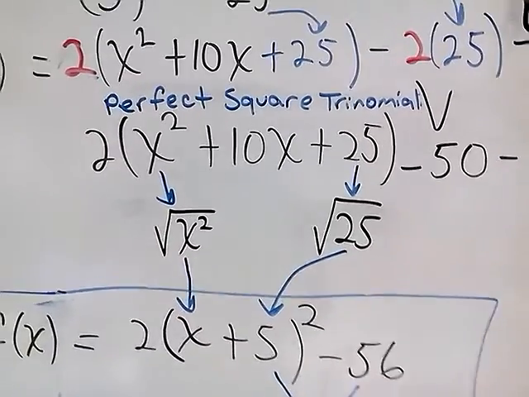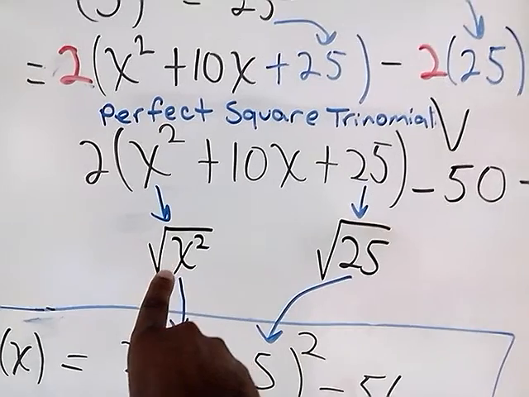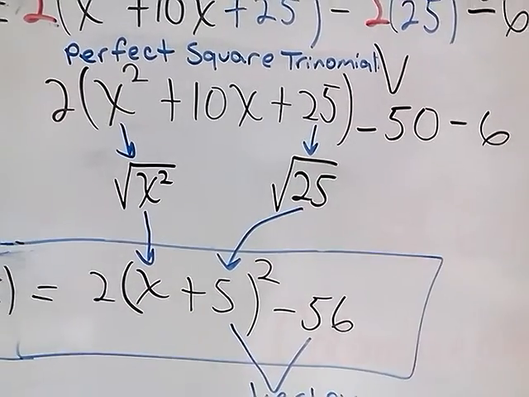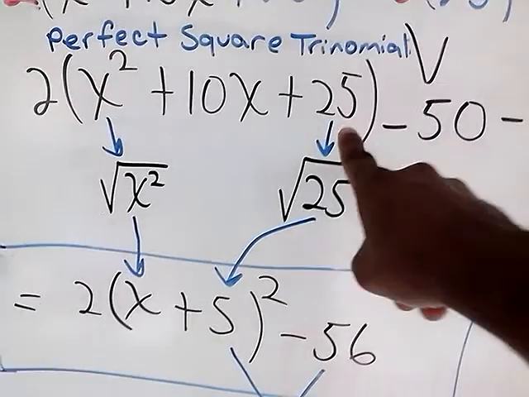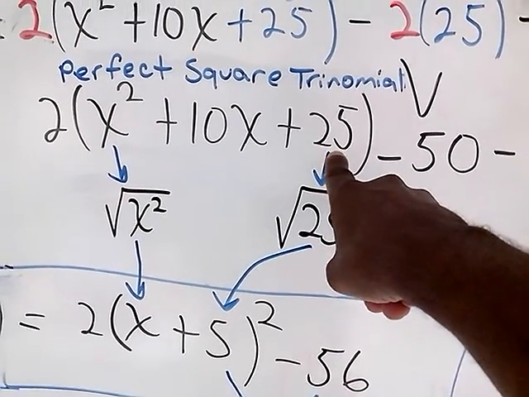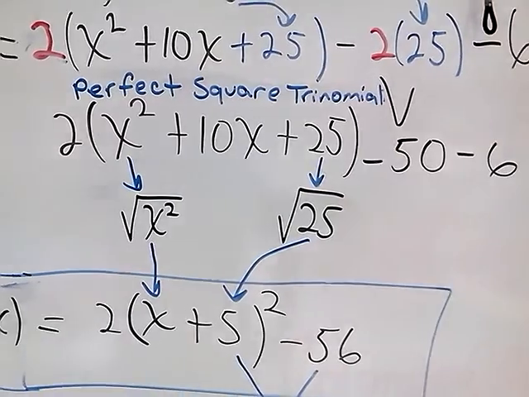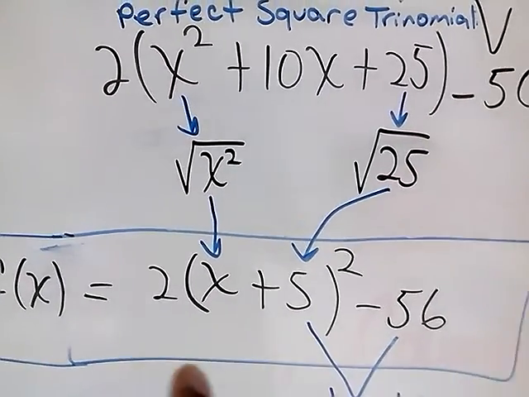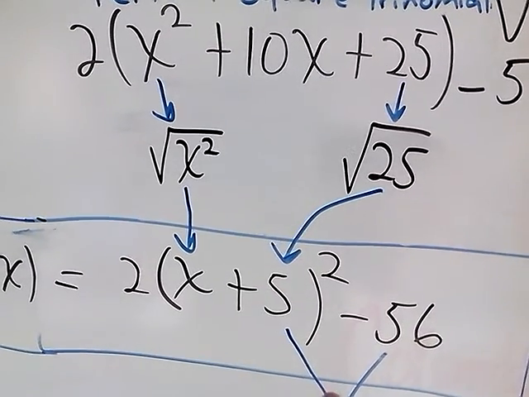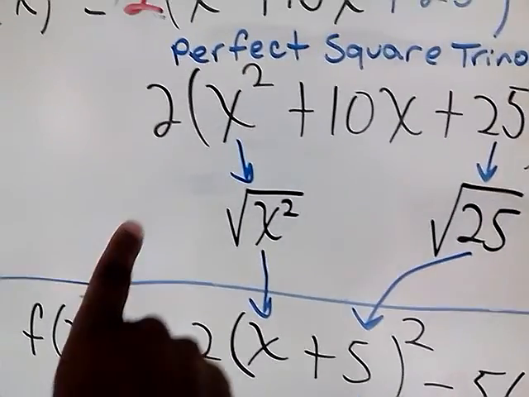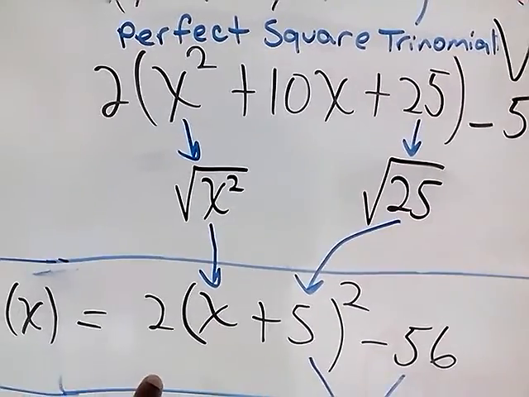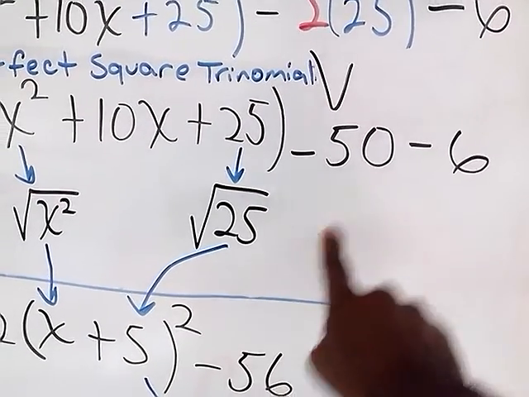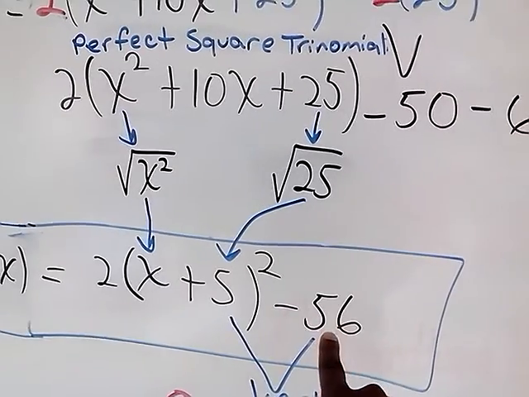The way we do that is we take the square root of the first term, so the square root of x squared gives us x. The square root of the last term, the constant 25, is 5. So x plus 5 inside of the parentheses squared. We keep our 2 on the outside, and we simplify what we have here. That simplifies to negative 56.